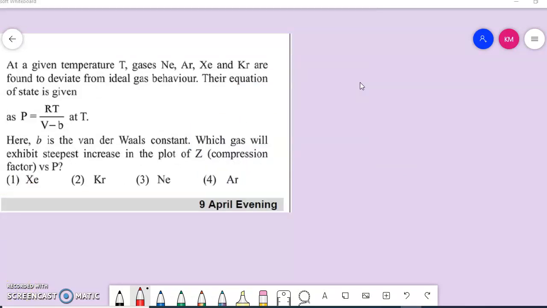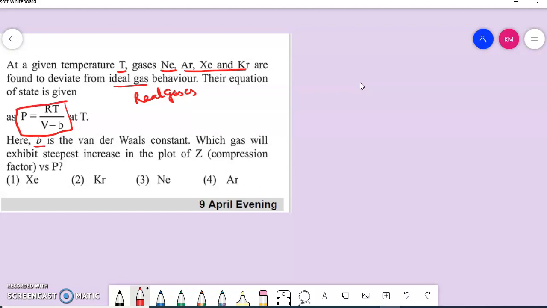Let's see the next question, guys. At a given temperature T, gases neon, argon, krypton and xenon are found to deviate from ideal gas behavior. So those are considered as real gases, and the equation is given: P is equal to RT upon V minus b. This is the equation given, and b is the van der Waals gas constant.